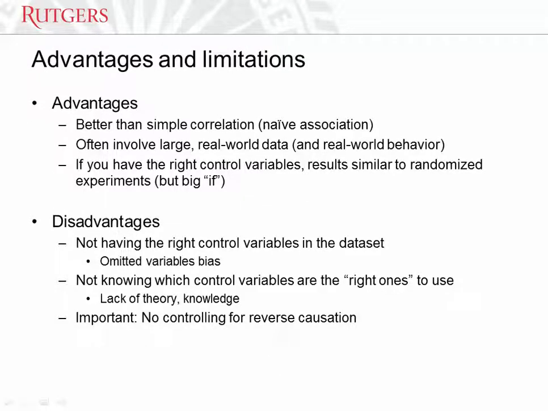Okay, so let's now look at some advantages and limitations of this control variable strategy. Some of the advantages: well, it's certainly better than simple correlation or naive associations between two variables. So we might notice that in the districts that have charter schools, the scores seem to be higher than in the districts that don't have charter schools.